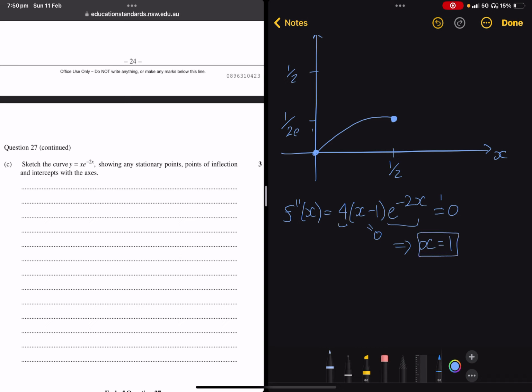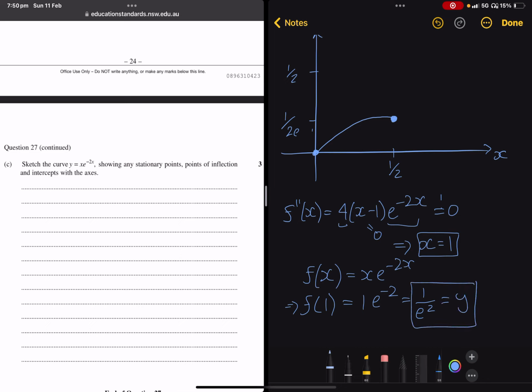We can plug this into the original function, f of x, which is x e to the minus 2x. We find the function evaluated at 1 is 1 times e to the minus 2. So this is 1 over e squared. And this is the y coordinate of the point of inflection.